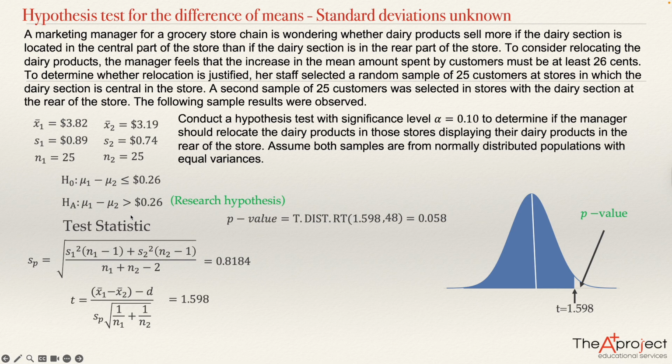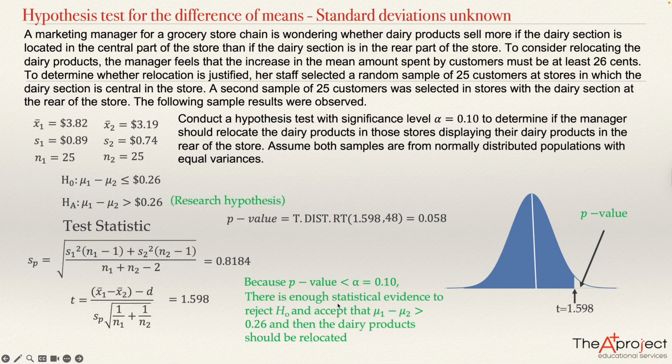So the manager should consider relocating. Because the p-value is less than alpha, less than 0.10, there is enough statistical evidence to reject the null hypothesis and accept that the difference is greater than 0.26.